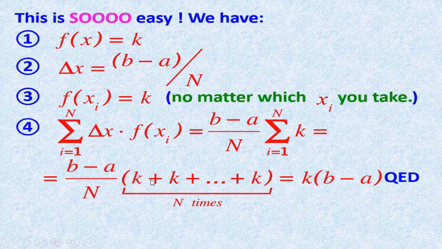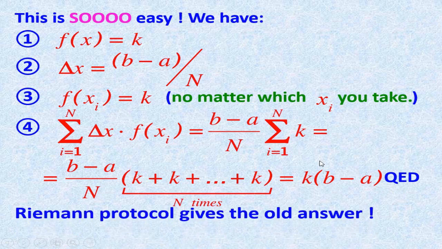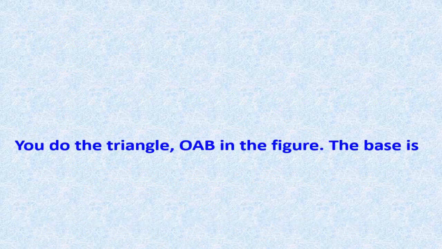So if there are n copies of K, this is n times K. So, n times K divided by n times b minus a, the n cancels, so that is b minus a times K. And that is the proof that we have the same area as the formula with the Riemann sum. The Riemann sum gives the expected answer.